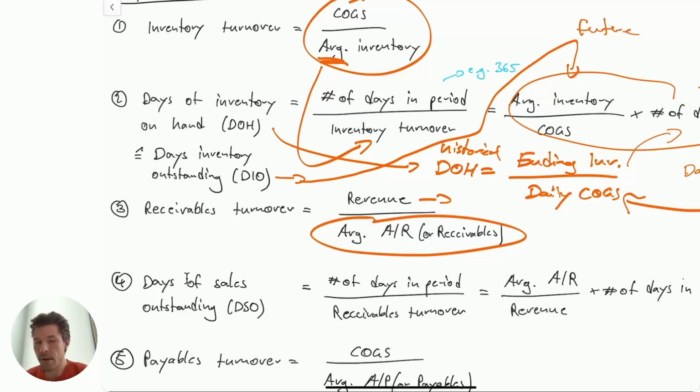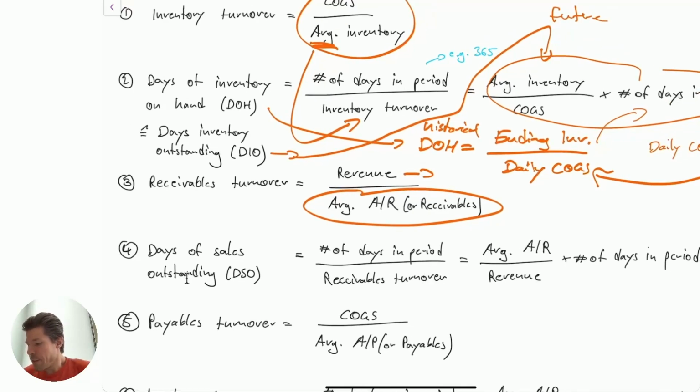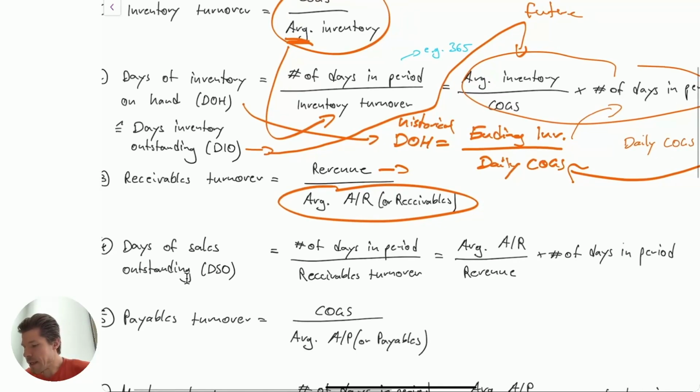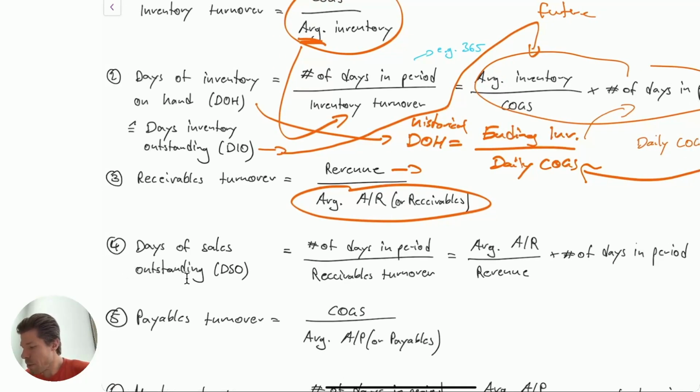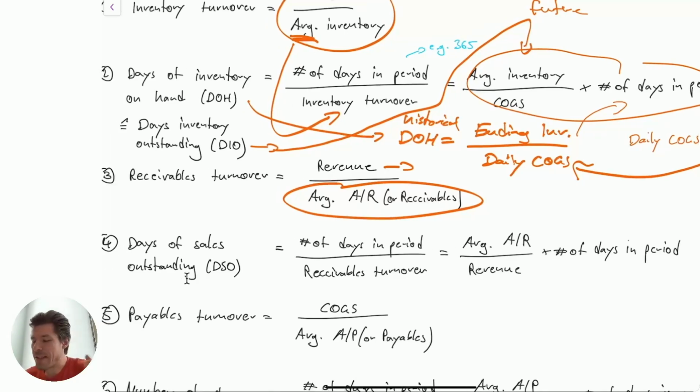And for receivables turnover and days of sales outstanding, the difference is that this number, because we multiply with days in a period, gives you a day number, whereas receivables turnover gives you a ratio, 1 times, 2 times, 3 times, and gives you a magnitude.